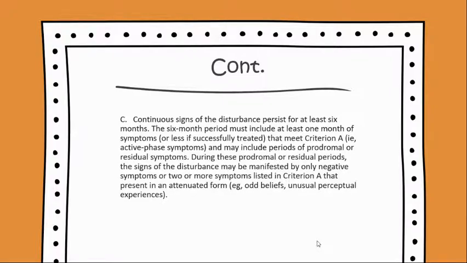During these prodromal or residual periods, the signs of the disturbance may be manifested by only negative symptoms or two or more symptoms listed in criterion A that present in an attenuated form, which are odd beliefs or unusual perceptual experiences.